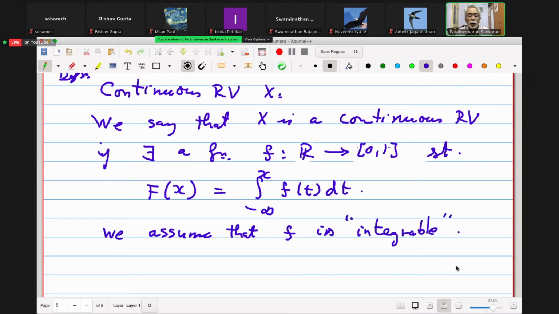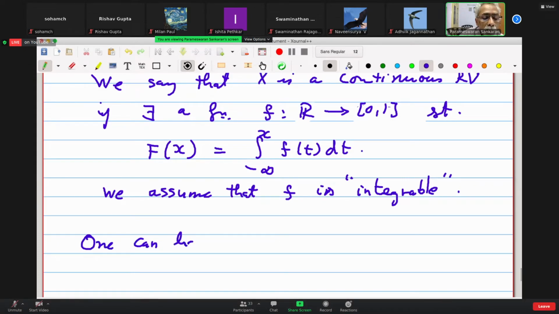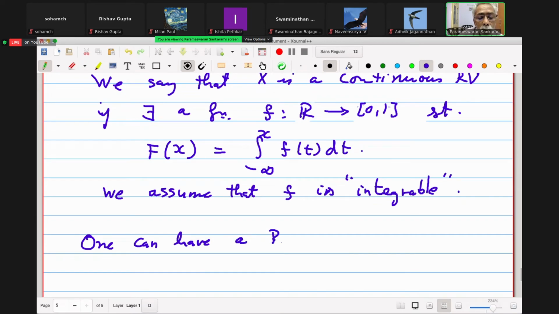Okay. So this word is loaded with a lot of meaning, which is why I sort of hesitated to write 0, 1 here, but it doesn't matter. Just write this. It's all right. One can have a random variable which is neither discrete nor continuous.